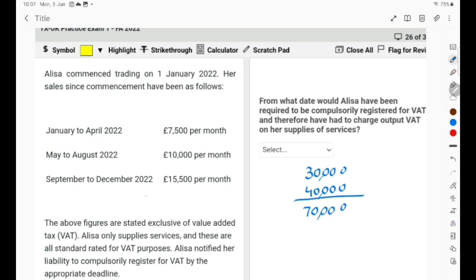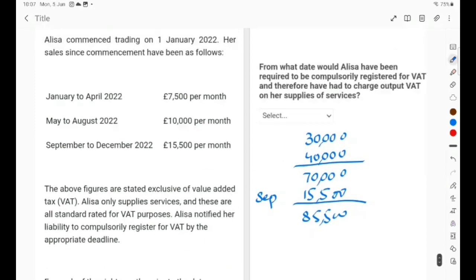In September, from September till December, she sold 15,500 worth of services each month. So in September, if she sold 15,500, then the total sales are 85,500. In September she meets the criteria.